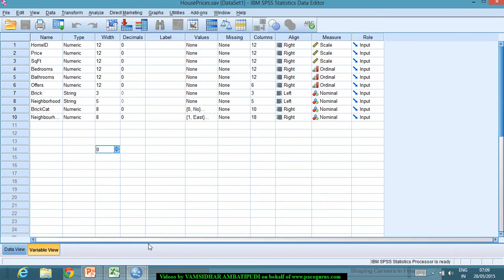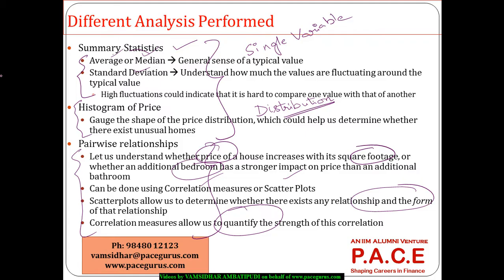On a broader scale, what I am looking at is first analyzing each variable separately, whether it is a numerical variable or a categorical variable, or even within a numerical variable, whether it is nominal or ordinal, continuous or discrete, doesn't matter. We are going to evaluate each of the variables individually.